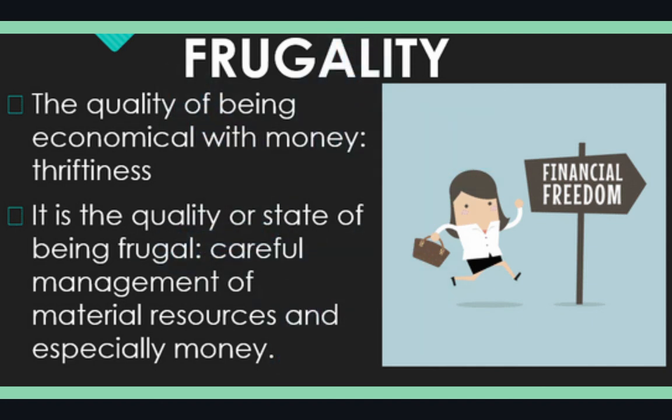With that, we describe the college student as a person who exercises prudence and frugality. To those who answered prudence and frugality, very good, because that is also what the story shows.